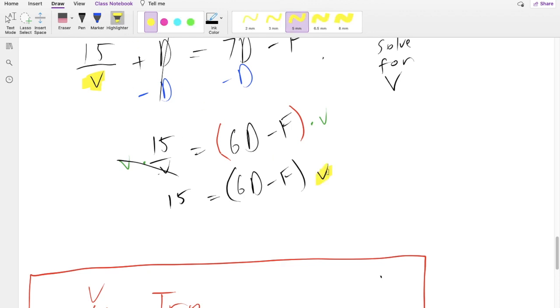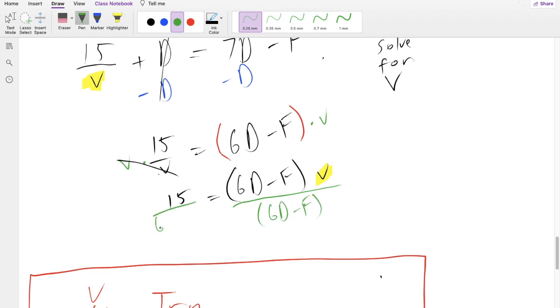Again, I'm trying to solve for v, so I do not want to distribute this v because I'm trying to solve for it. Right now, the entire quantity of 6d minus f is being multiplied to v. So all I have to do is divide both sides by this 6d minus f. I'm dividing both sides by that entire quantity, the entire parentheses.